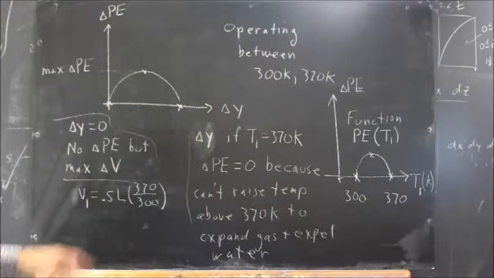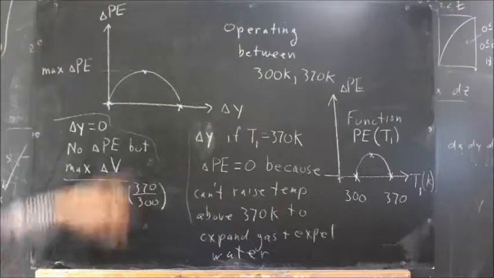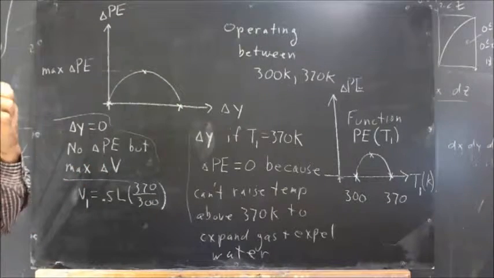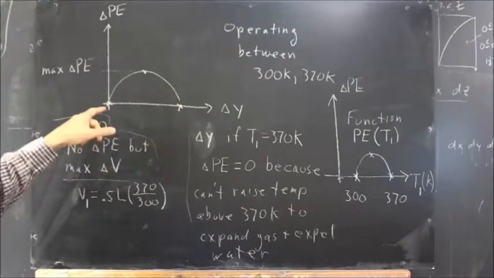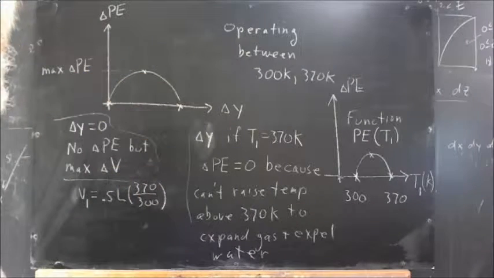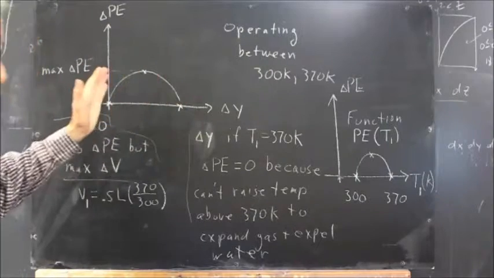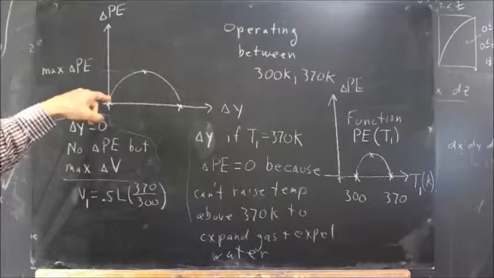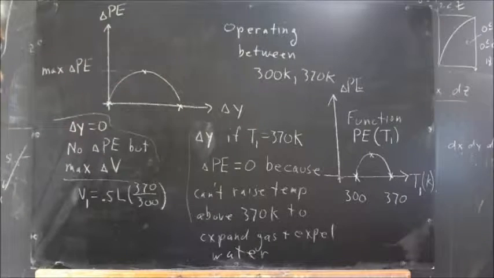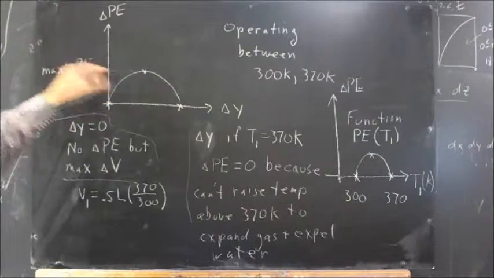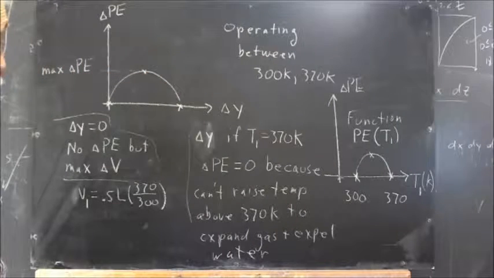Now I've just drawn a very simple curve, and it looks kind of symmetric, but that's just because that's the easiest way to draw a curve between here and here. Whatever the curve is, whether it's skewed this way or skewed this way, or if there's some weirdness in the curve, maybe it maximizes at 2 points or something, there will be at least one point at which we get a maximum potential energy.